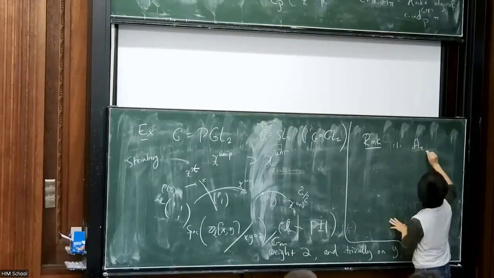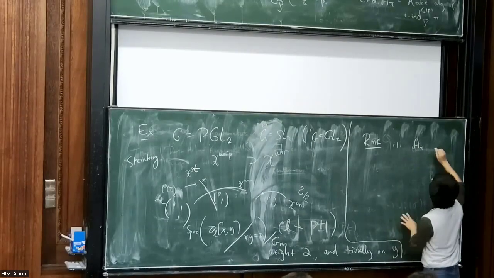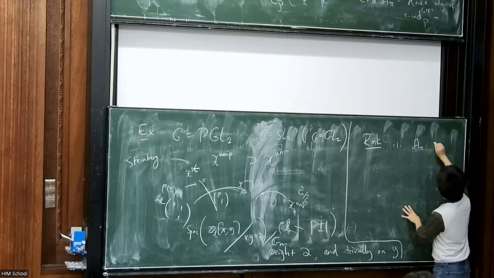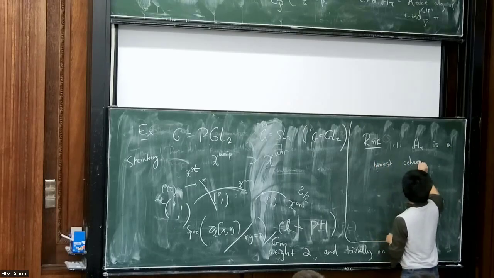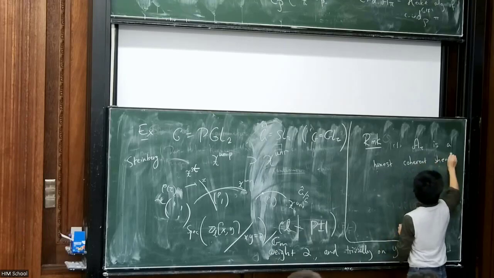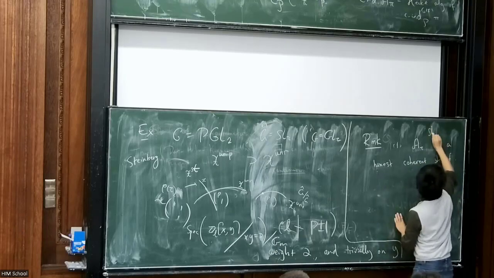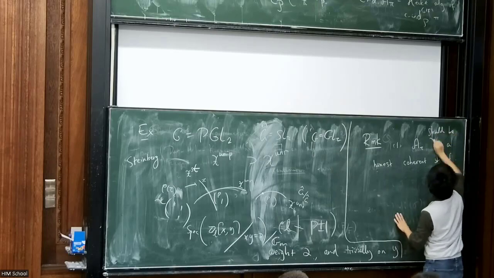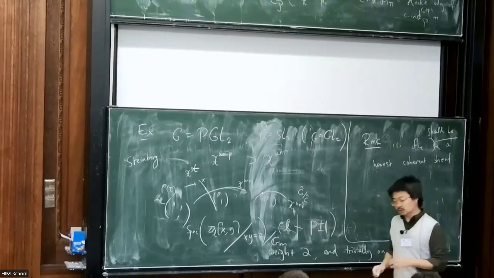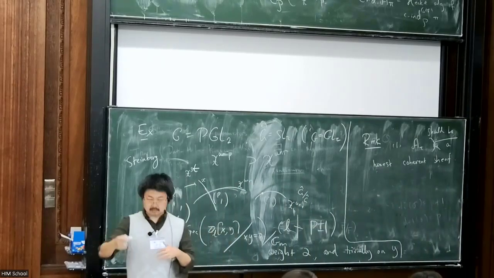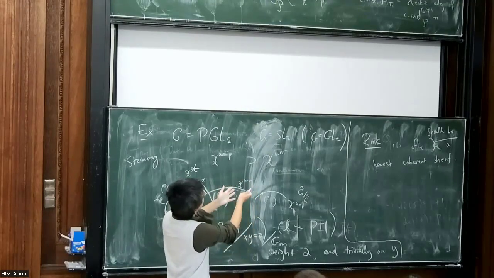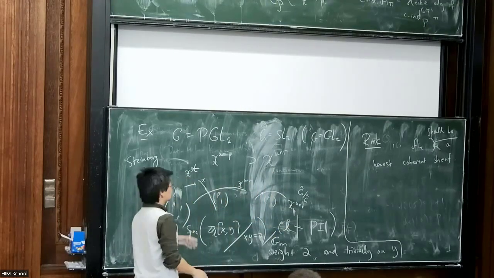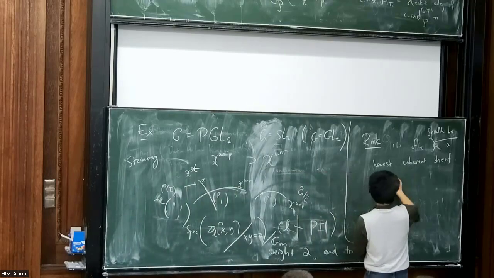I have a sort of strategy to prove it, but I haven't checked carefully: A_pi should be an honest coherent sheaf, not really a complex. It is true in many cases, and I think there is some way to prove it in general. So I don't even want to make this a conjecture.